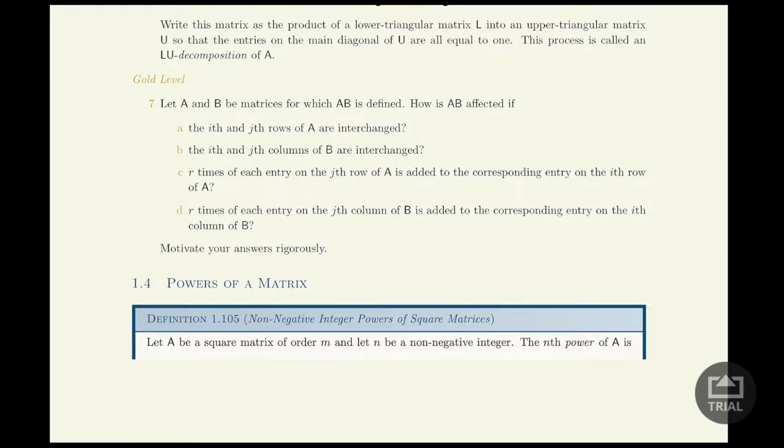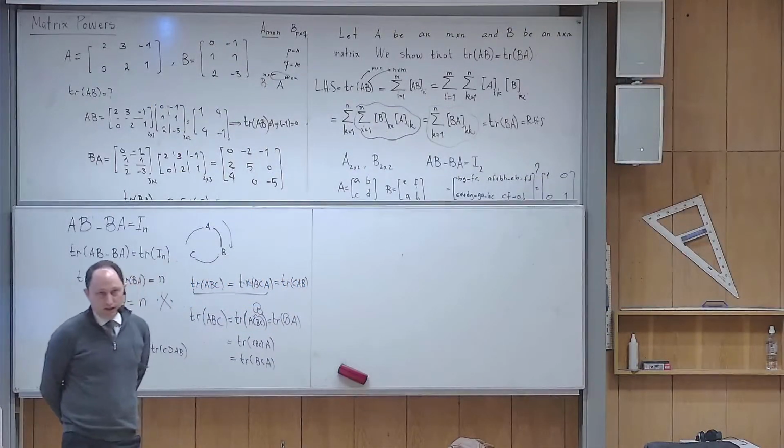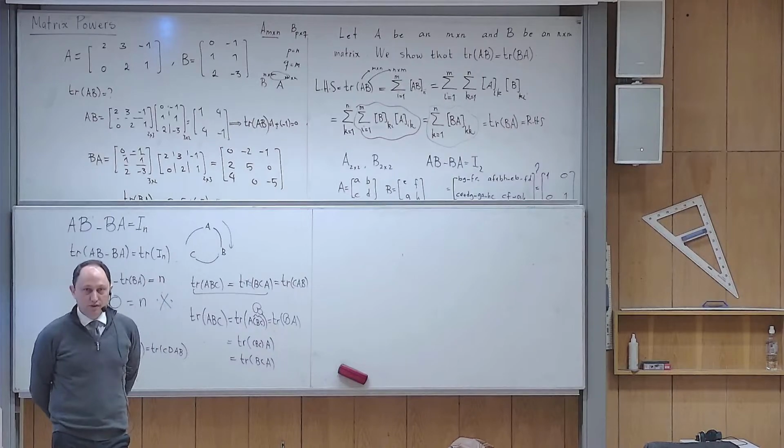So this is a very important topic. We want to talk about these powers of a matrix. And of course, now we start with only non-negative integer powers. Okay, so it means that the powers of a matrix that you expect to see are 0, 1, 2, 3, 4, etc. Just tell me, how do you define non-negative integer powers of a matrix?